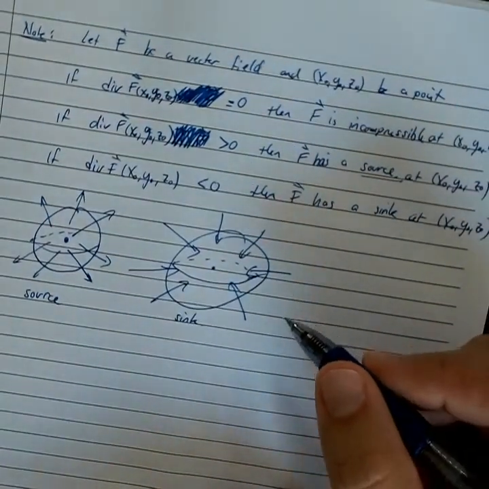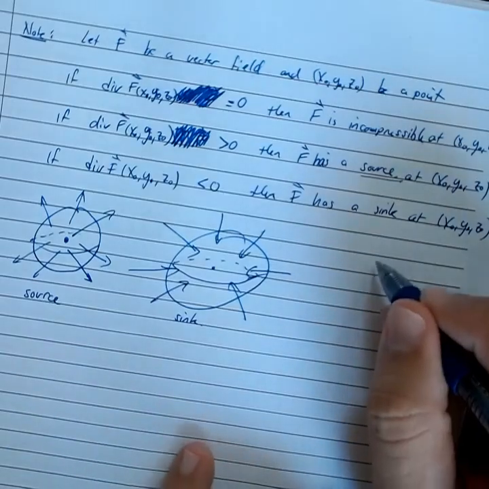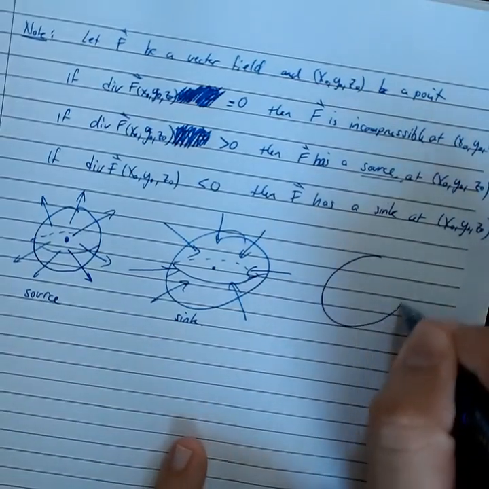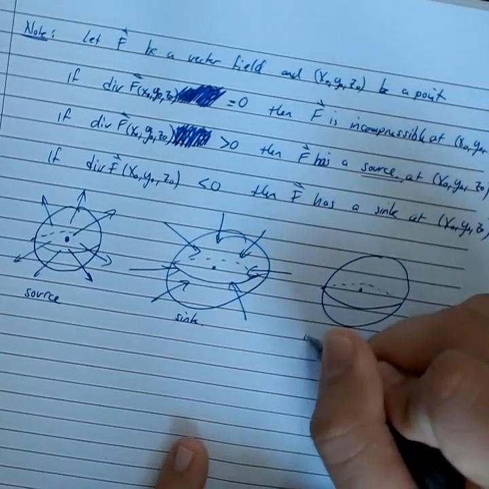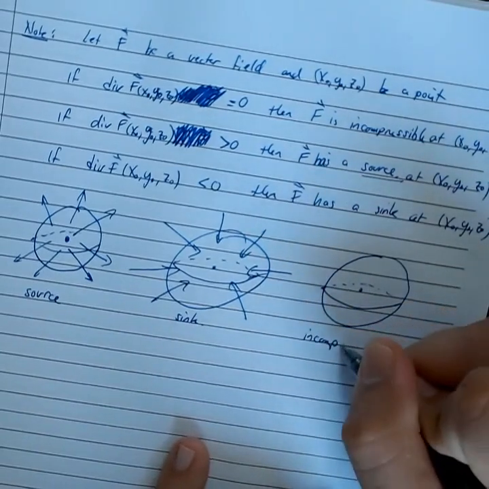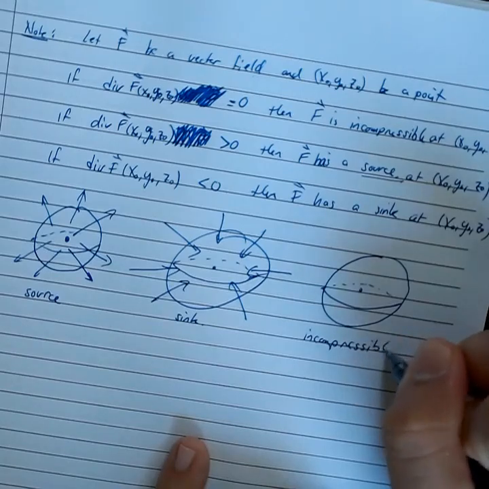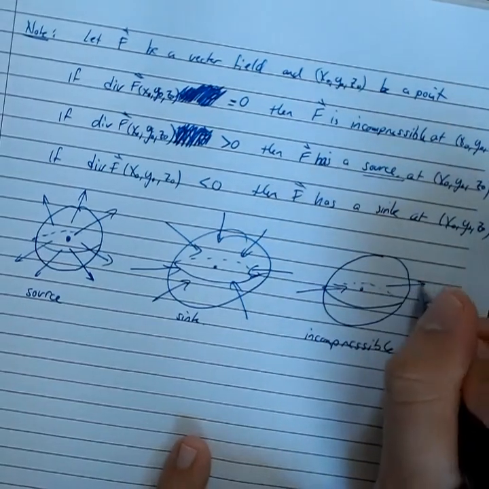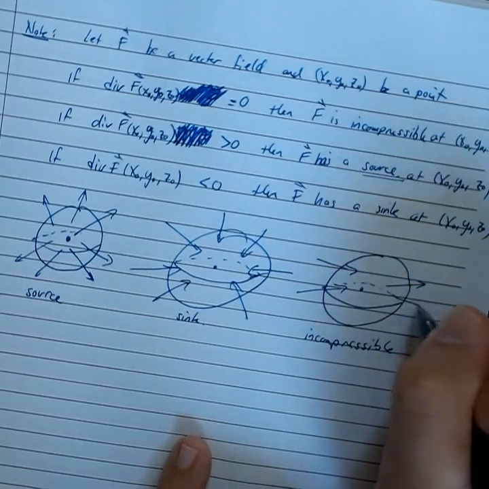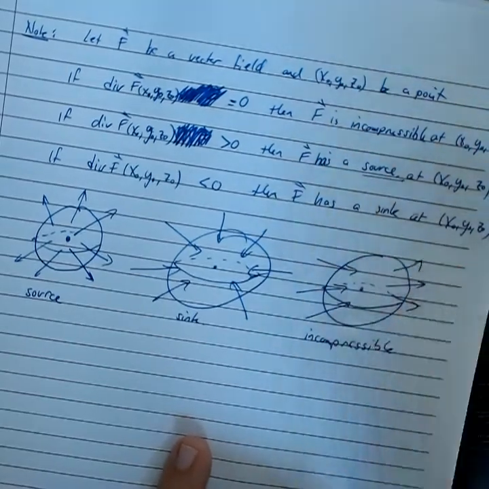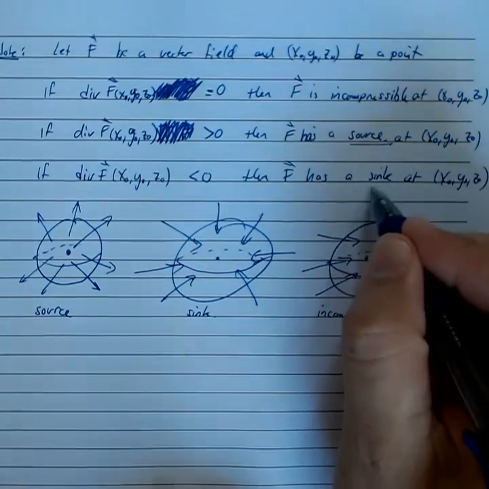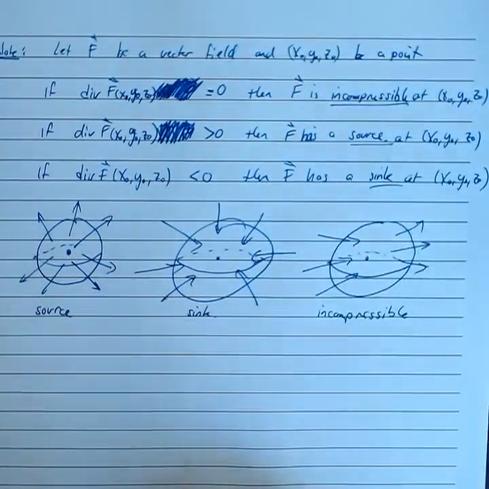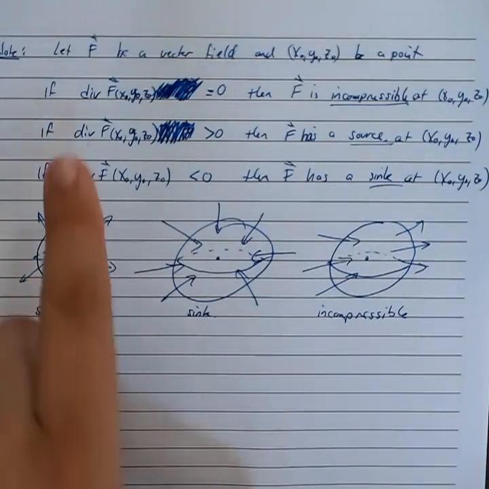And it's incompressible if you have equal amounts of stuff flowing out as you have coming in. Again, these are overly simplified drawings, but the computations would tell you exactly what's going on.